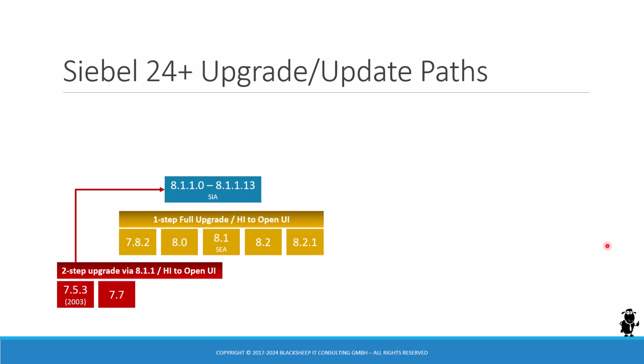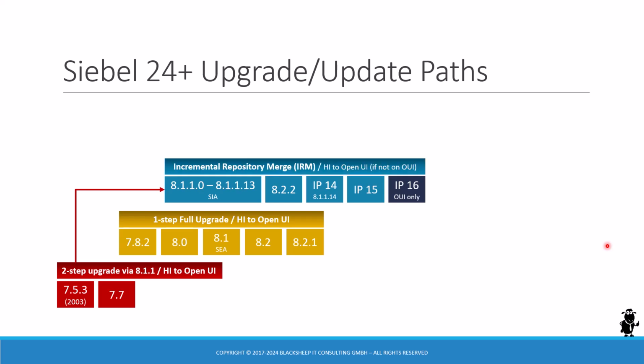That is the first version which included OpenUI as an option. Same up to IP15, but with IP16, OpenUI was the only user interface option. So if you're in any of these releases, you might have OpenUI already, and your upgrade path becomes a little bit less steep because you can use the incremental repository merge, or IRM.